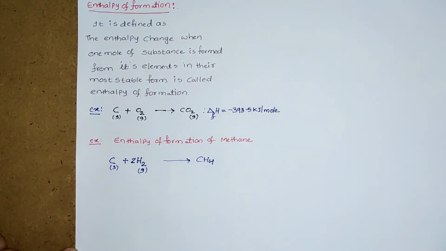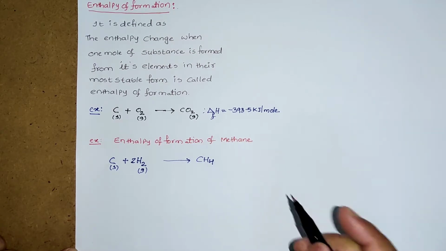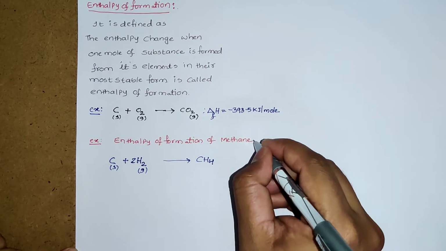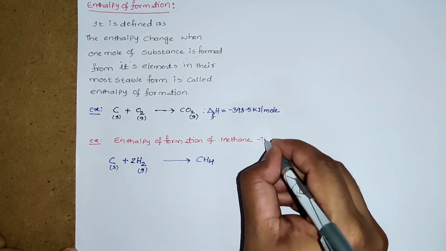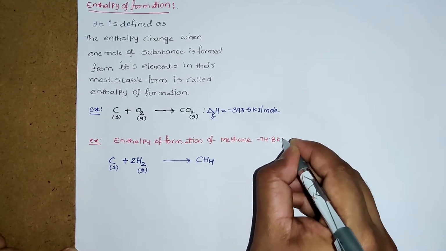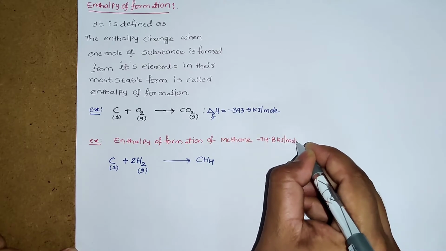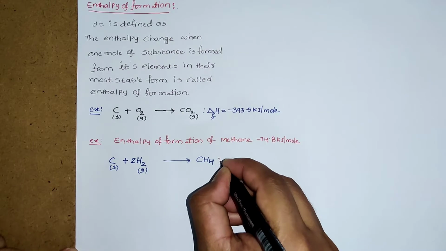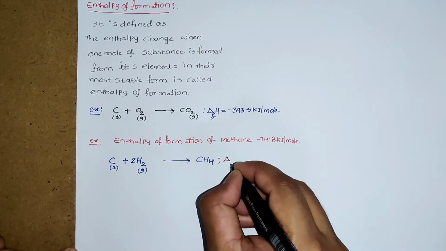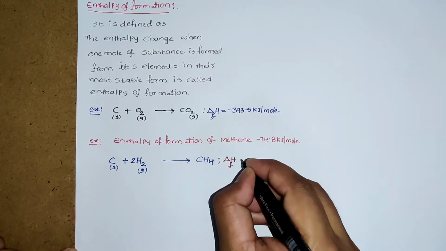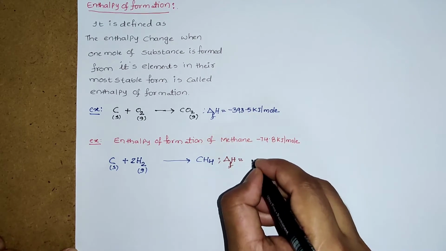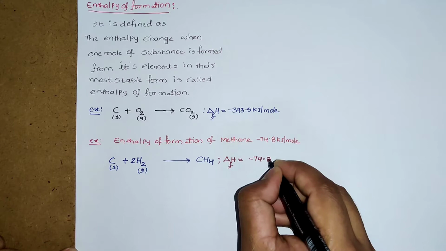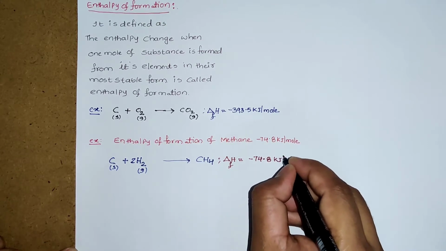The enthalpy of formation of methane might be given as minus 74.8 kilojoule per mole. Then what we write simply is delta f H of methane is equal to minus 74.8 kilojoule per mole.